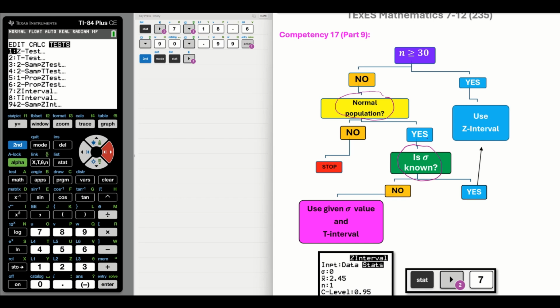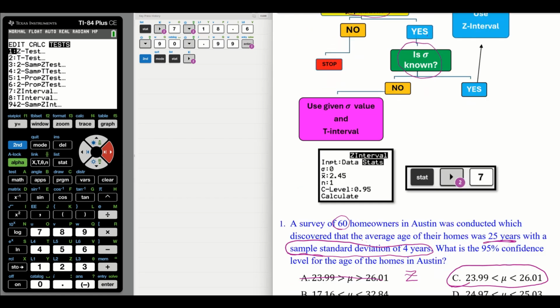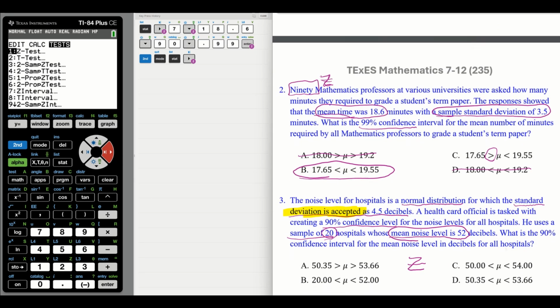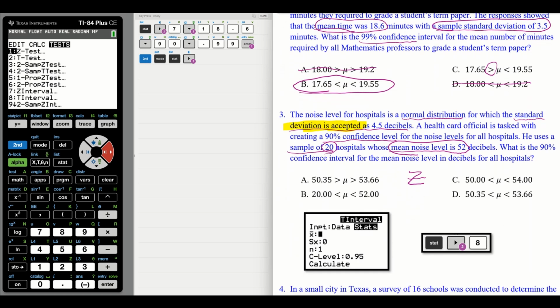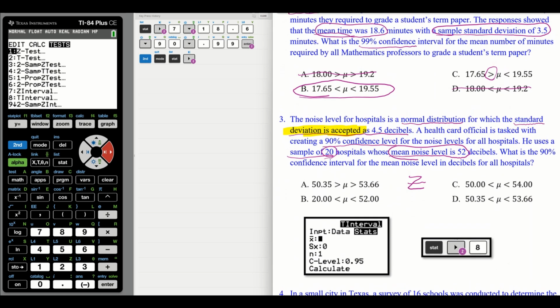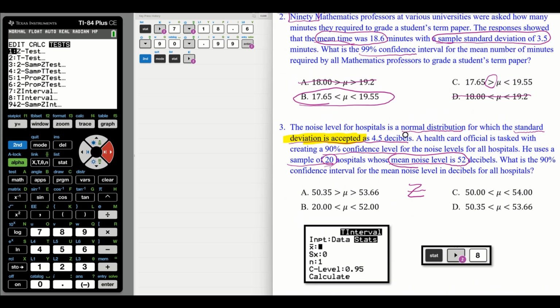It's not the population. It's an accepted value for the sample size. So we can say Z. Honestly, this is a practice question, and I doubt that the test will give you something so ambiguous. That is very ambiguous. Maybe they wanted to challenge us.